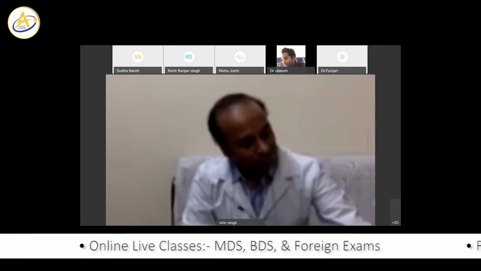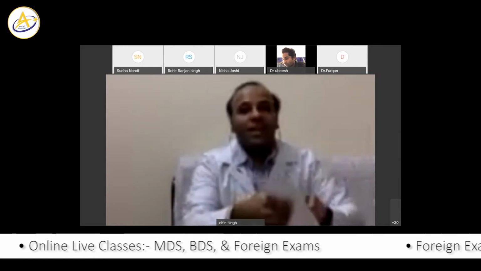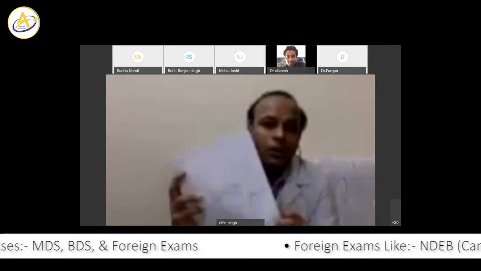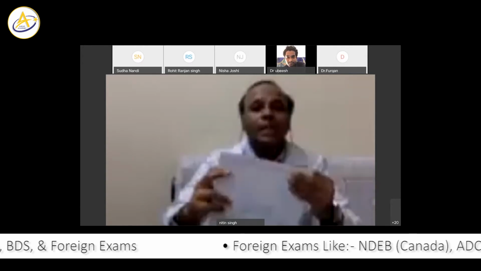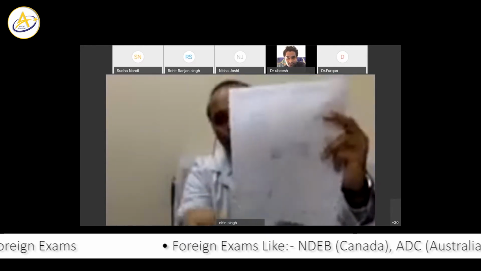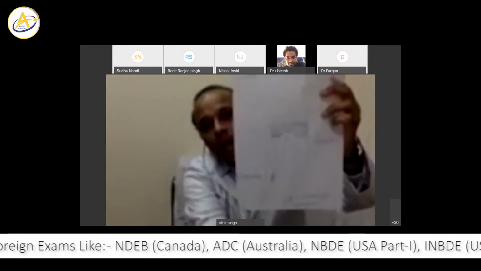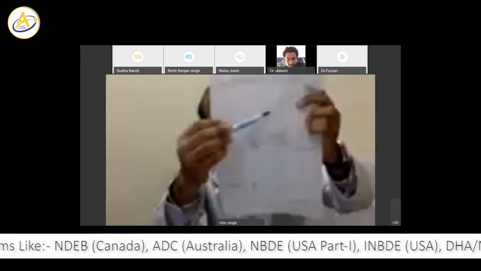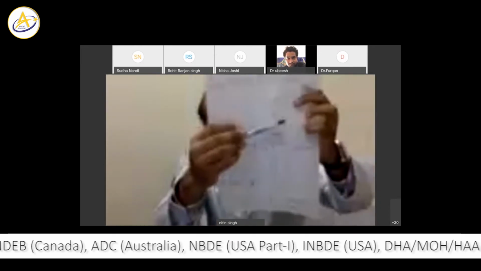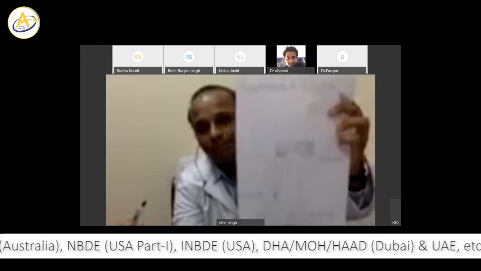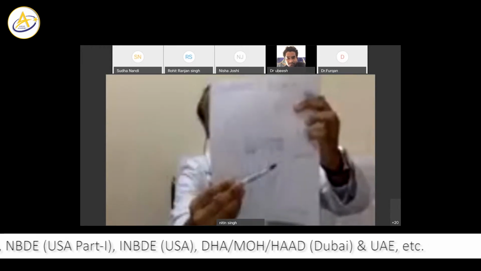To understand canal negotiation, I have drawn a simple photograph for you, which you have already seen. Just see carefully. What you can see is a molar: the crown portion of the tooth, and two roots, the mesial root and the distal root.